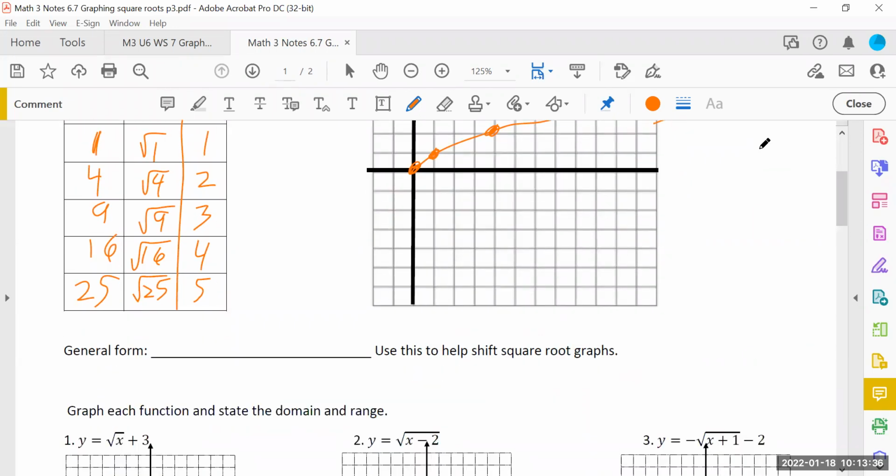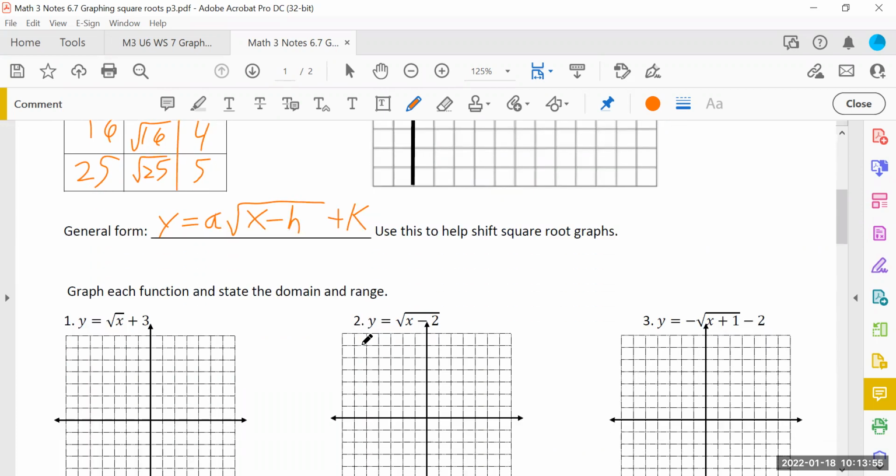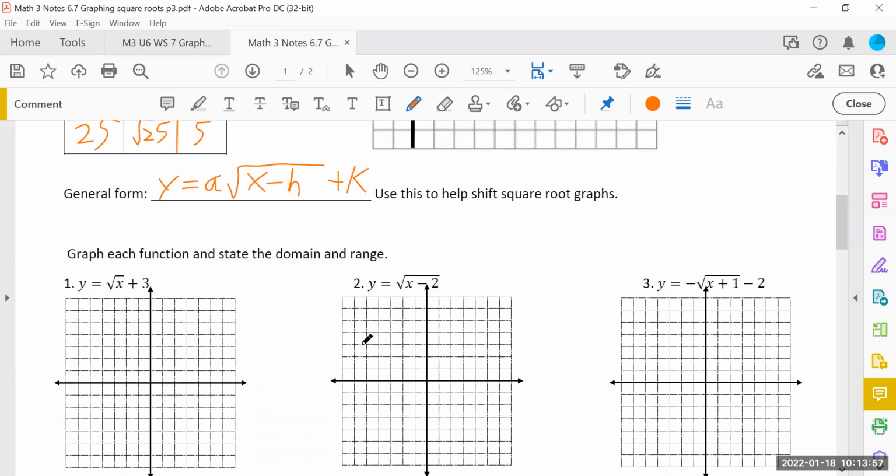Now, the general form for this graph then is y is equal to a square root of x minus h plus k. H is inside the square root, k is outside the square root. All of these values do the same things that they did last semester.